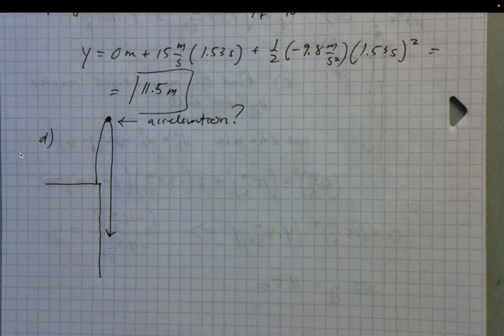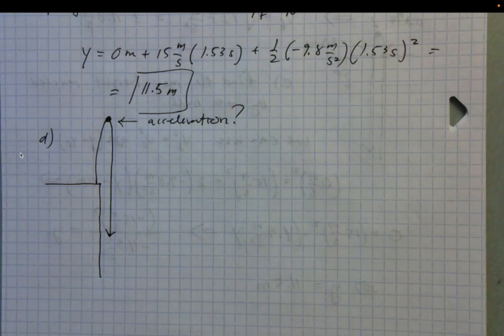Well, it isn't 0, right? If the acceleration at the top of the trajectory was 0, the ball would go up and it would just stop there. It would just sit. It would hover in midair at the top of its trajectory. But that's not what happens. It goes up, it pauses for an instant, and then it comes back down, right? And that means that the acceleration is not equal to 0 at that point, right?